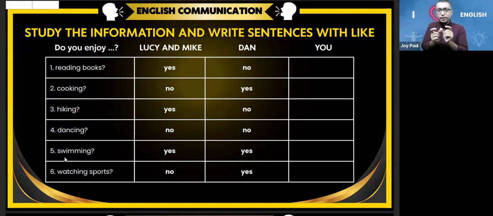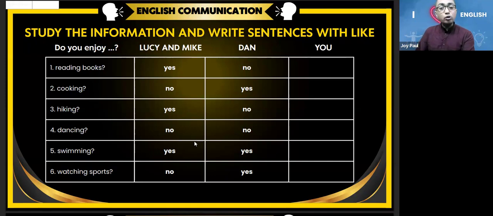Lucy and Mike doing together, or Lucy and Mike don't. They are doing it together, or they do not. Or maybe Dan is a person doing it alone, or maybe he doesn't. But how can you say it for yourself? So these are a few examples. Activities like reading books, cooking, hiking, dancing, swimming, watching sports.